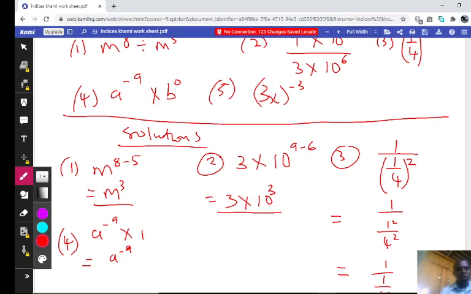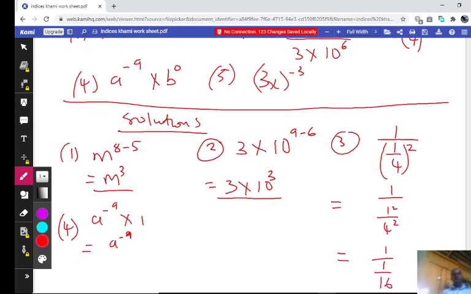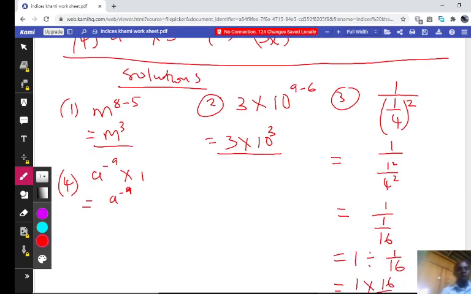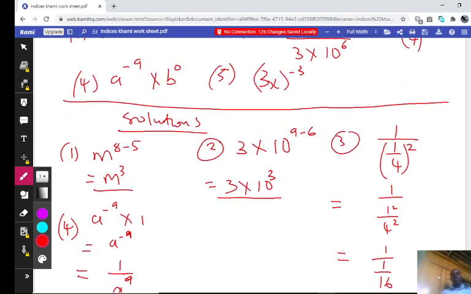Now, on this one, you don't leave it like this. You apply law number 4, which says any number raised to a negative power is the same as 1 over the same number raised to a positive power. That's the final. So this one is the final answer. So it will be like this. That's question number 4. Then the last question, question number 5.